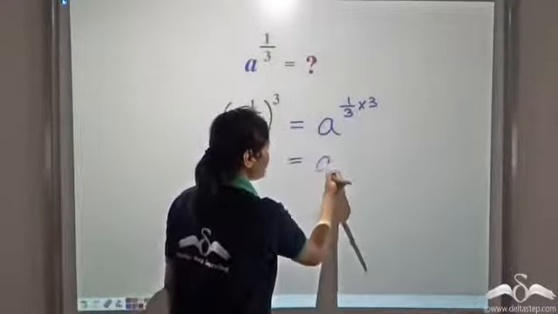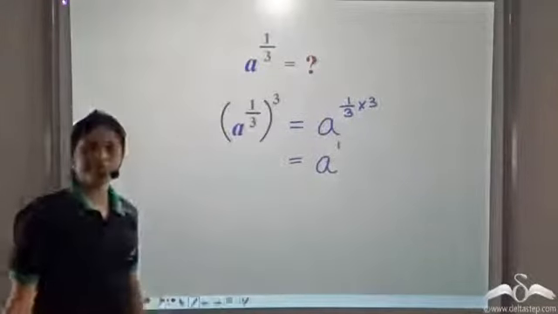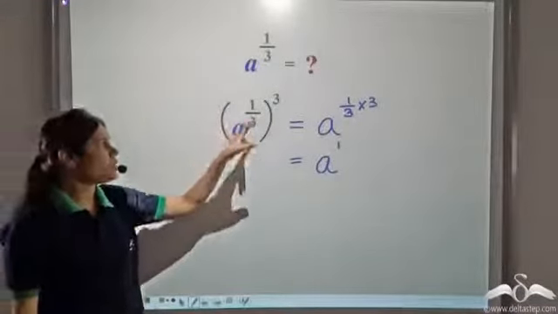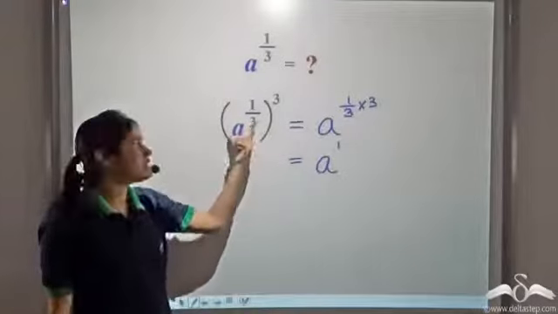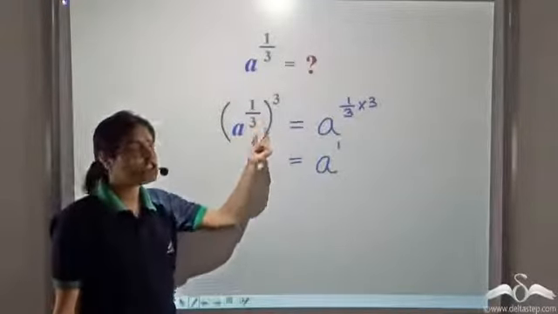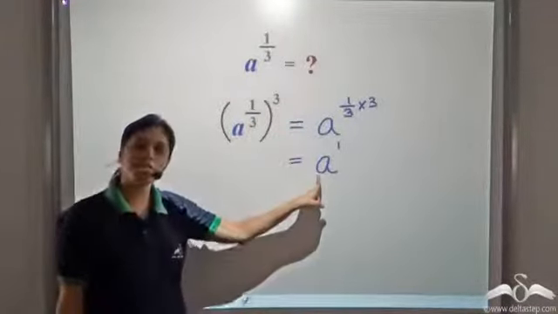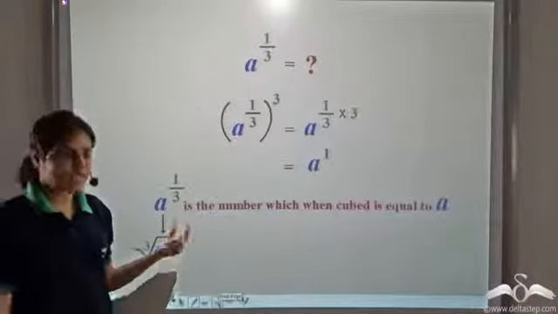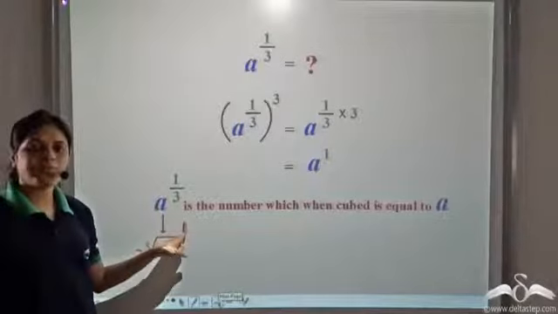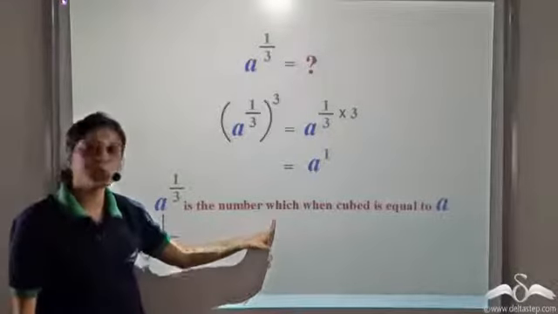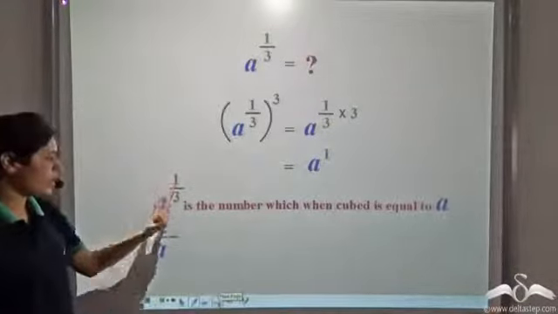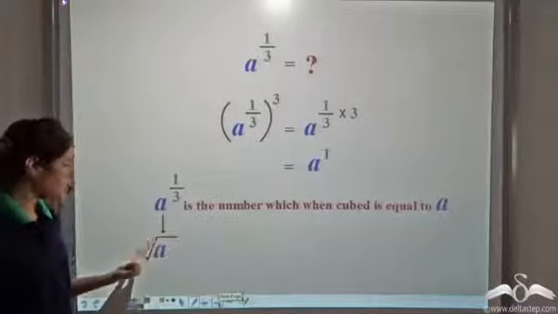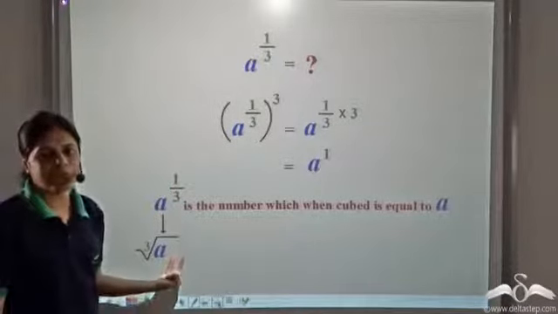So this becomes a to the power 1. So a to the power 1 by 3 is that number which when cubed gives us a. Or we can say that a to the power 1 by 3 is the cube root of a.